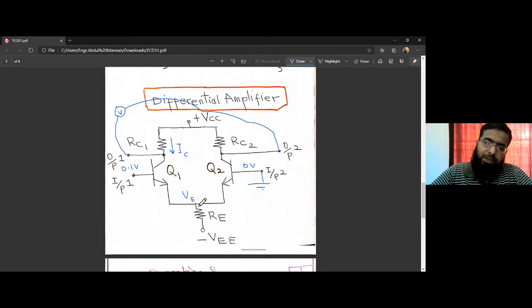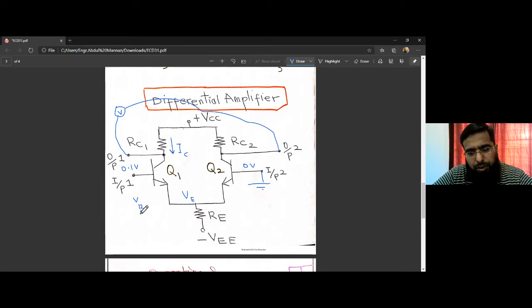So if we settle on a VE that is slightly larger than the VE that we had in common mode, this voltage difference would be larger than this voltage difference. So VBE1 would be slightly larger than VBE2.